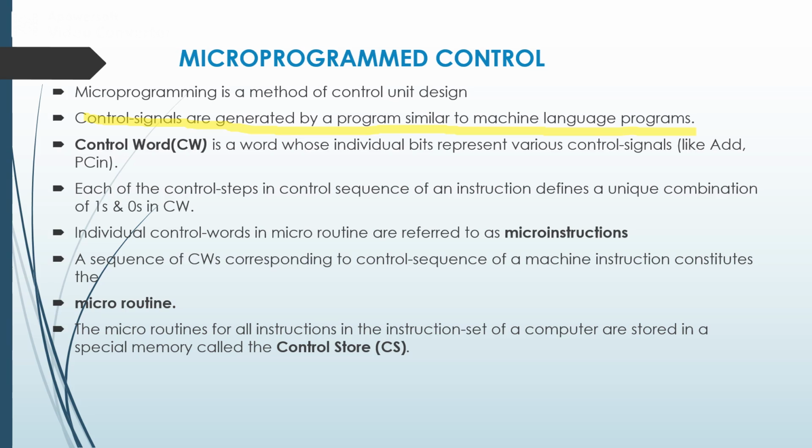A control word, or CW, is a word whose individual bits represent various control signals like Add, PC in, End, Zin, etc. Each of the control steps in the control sequence of an instruction defines a unique combination of zeros and ones in a control word.